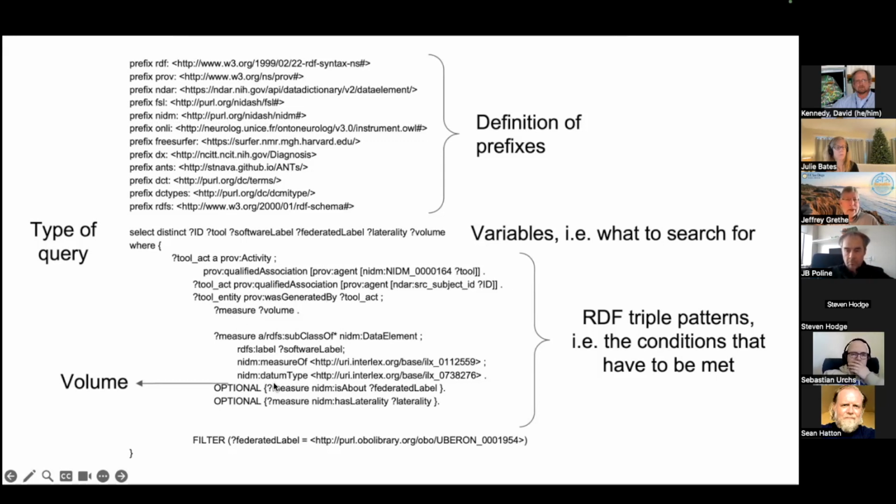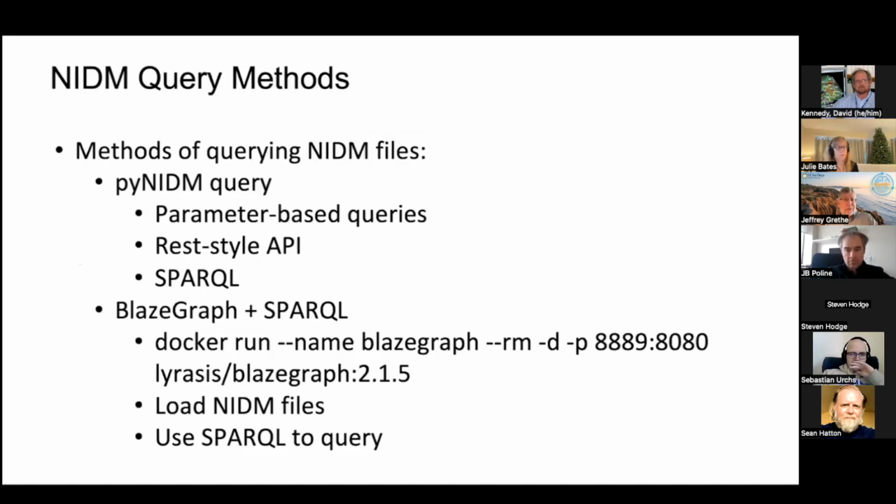I'm not going to get into any detail. Learning RDF takes a little longer than I have time for today. But basically what you're doing is defining a graph that you're trying to retrieve. It's a little bit different than SQL, but it's basically a very similar concept.